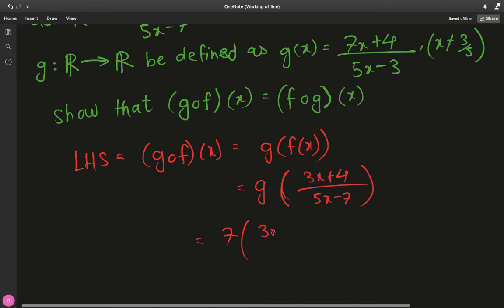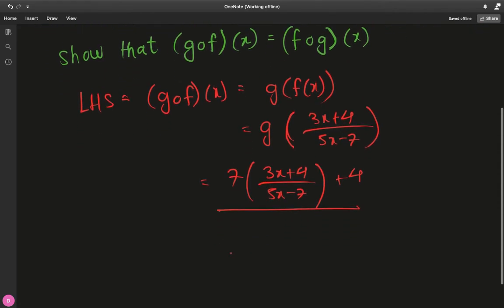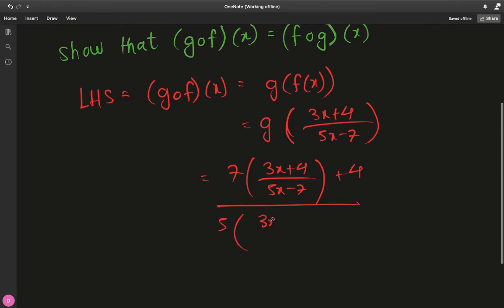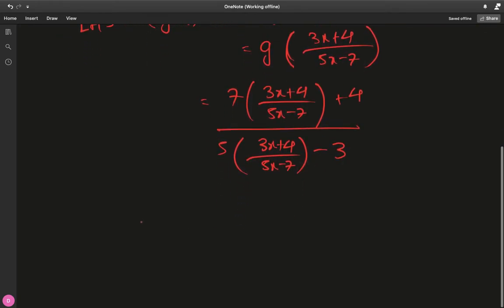So 7 times (3x plus 4) over (5x minus 7) plus 4, divided by 5 times (3x plus 4) over (5x minus 7) minus 3.